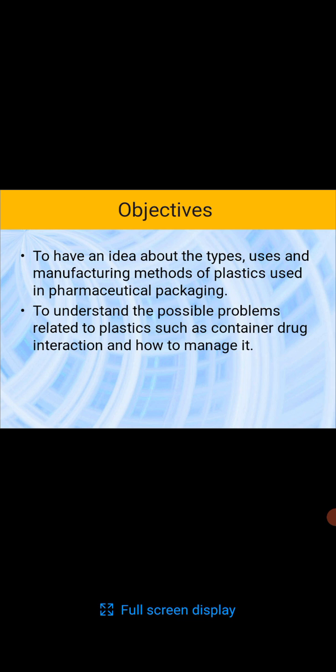The objectives of our lecture are to have an idea about the types, uses, and manufacturing methods of plastic used in pharmaceutical packaging, and to understand the possible problems related to plastic, such as container-drug interaction, and how to manage those problems.